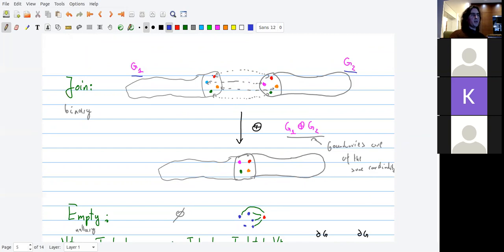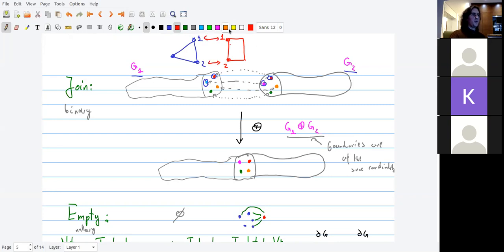And then I'm just taking this vertex and identifying them into one. Taking this vertex and identifying them into one. Maybe an example. Say that I'm joining a triangle, with this being boundary vertex 1 and this being boundary vertex 2, with, say, a 4-cycle with this being boundary vertex 1 and boundary vertex 2. The numbers give me the bijection.